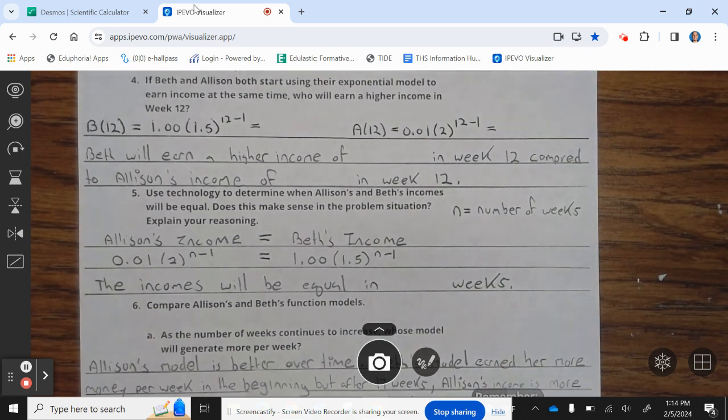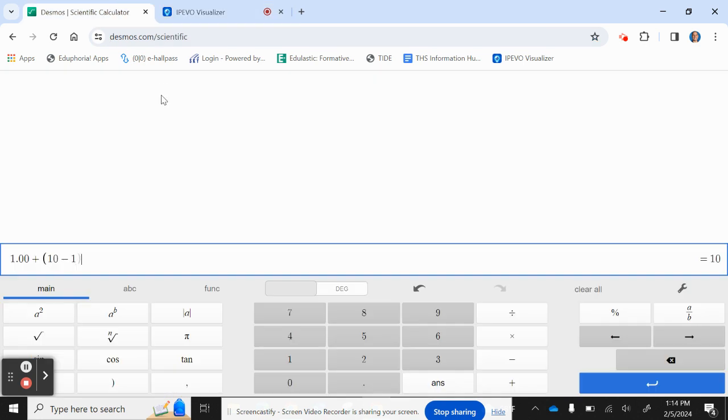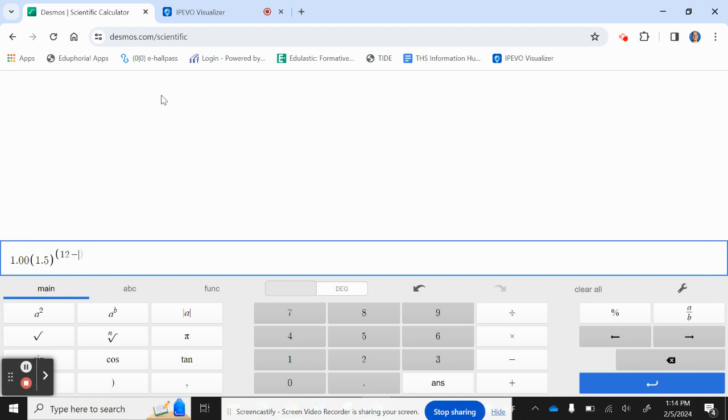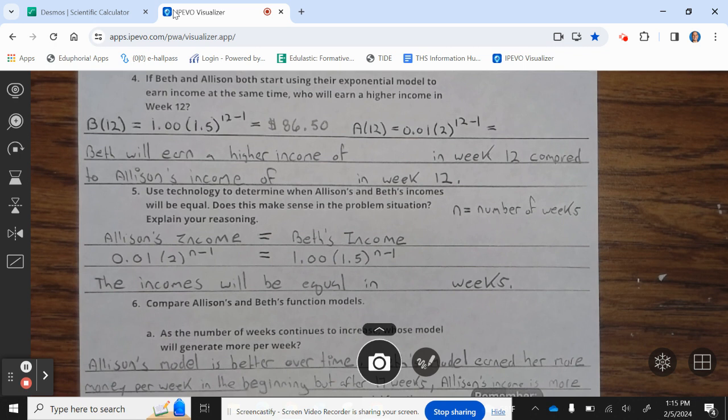All right, so let's take a look at that. So that's 1.00 parentheses All right.